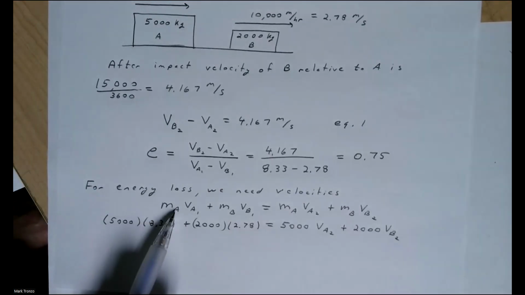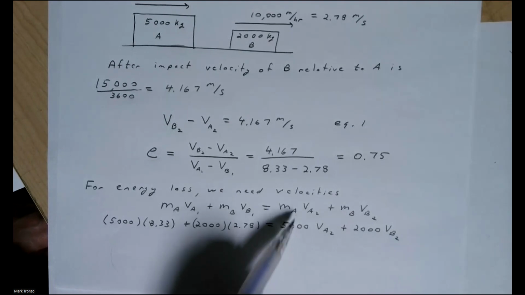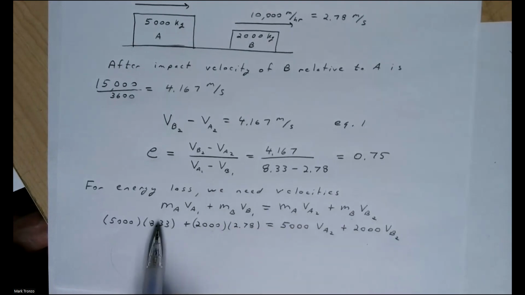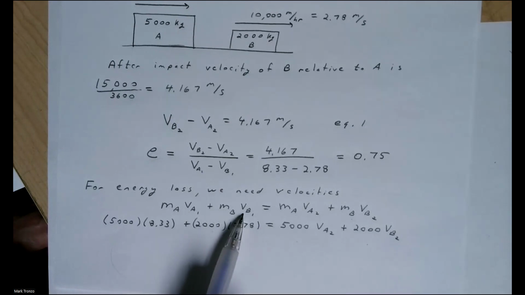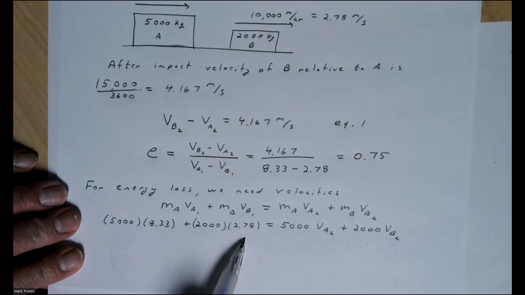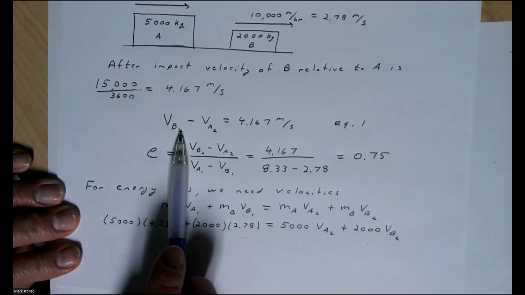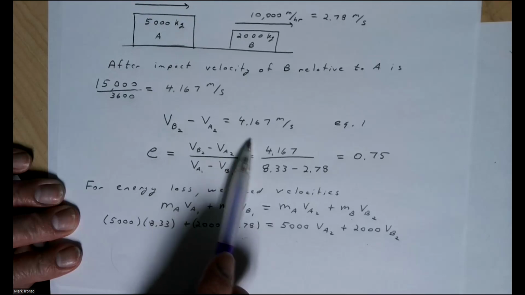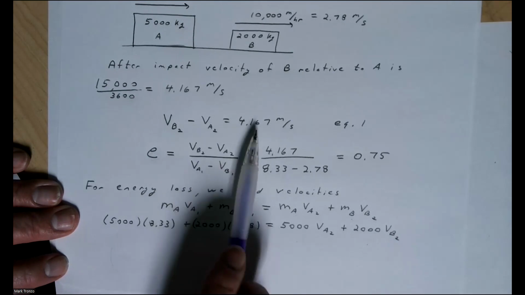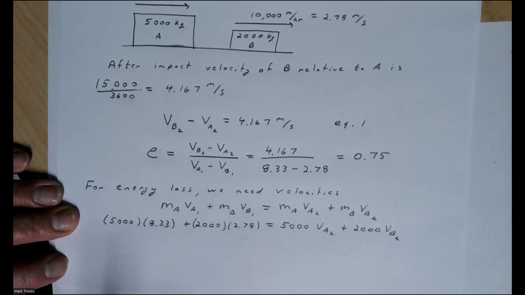So I just substituted the mass of the truck and the mass of the car on the left, the mass of the truck and the mass of the car on the right, and the velocities before impact of the truck and the car. Now let's solve for VB2 and substitute it into here. So VB2 would be 4.167 plus VA2.